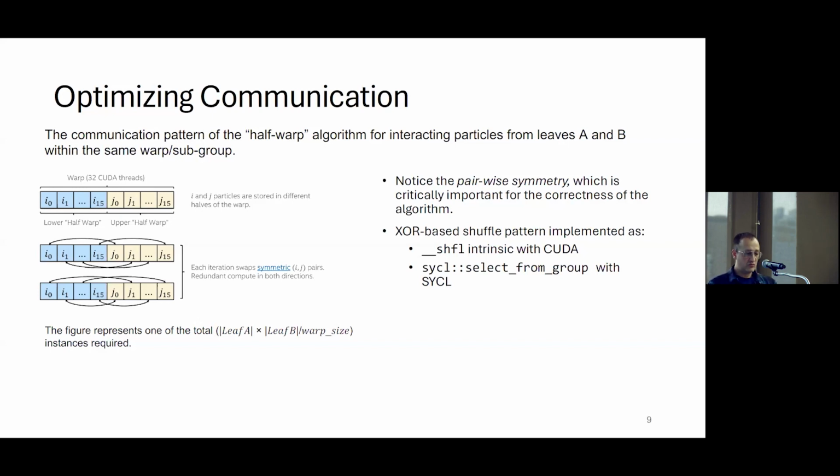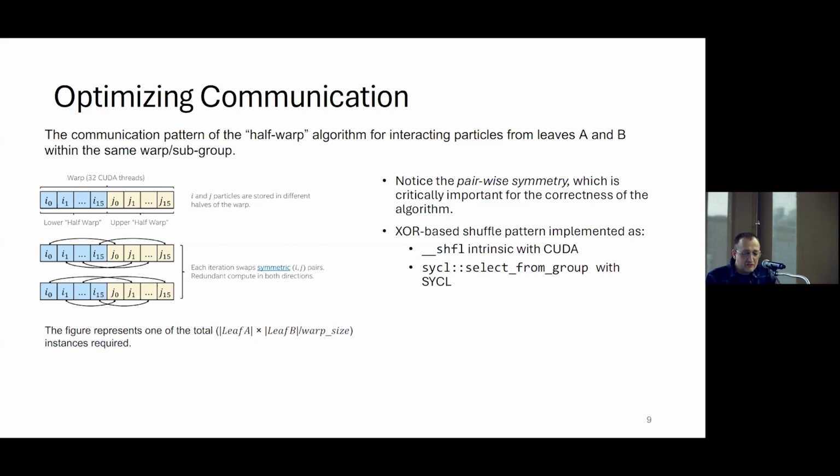So when a particle from one lane interacts with a particle in another lane, then the symmetric calculation needs to happen. And there are some data dependencies between those two different lanes. The data is being calculated in those two different lanes, so it's efficient to share between them.